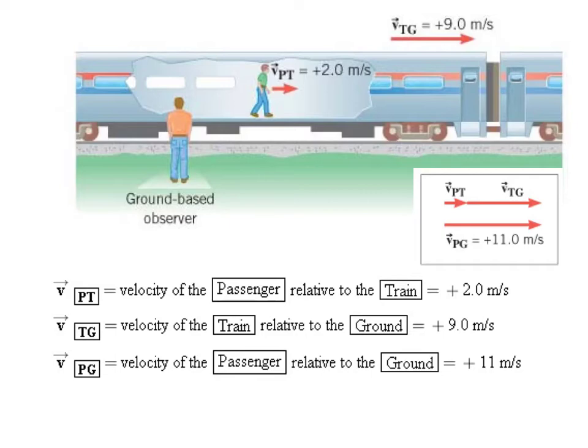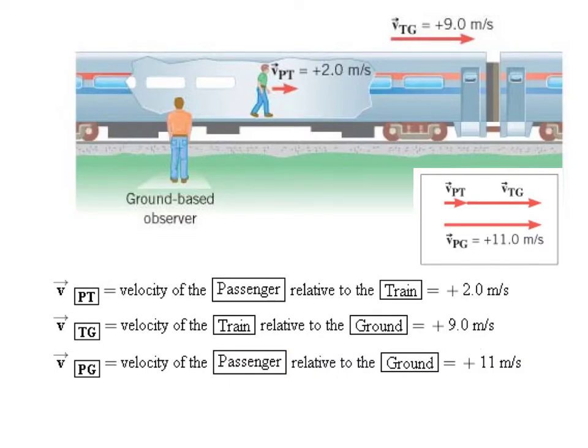So, to you, the velocity of the passenger relative to the train is 2 meters per second. The velocity of the train relative to the ground is 9 meters per second.